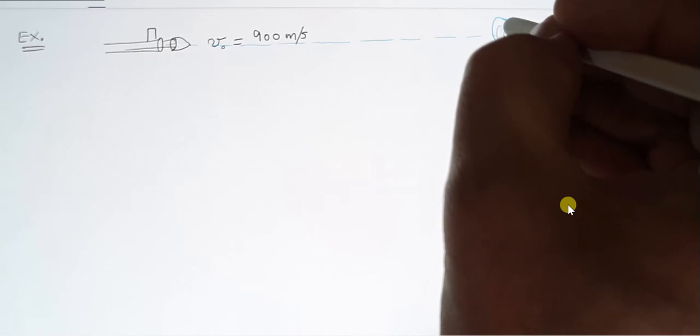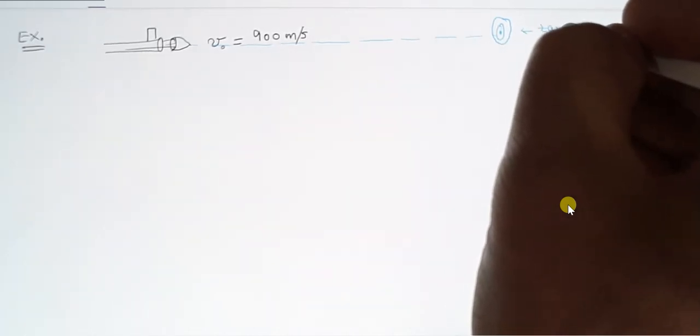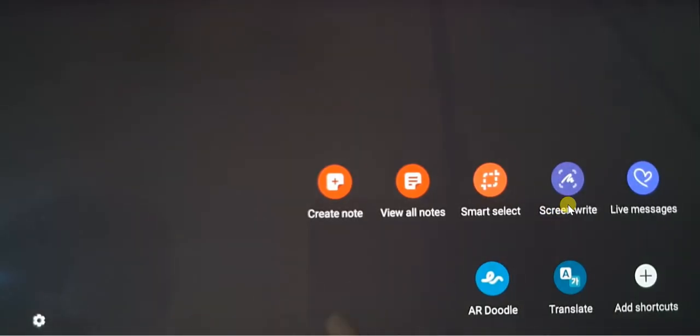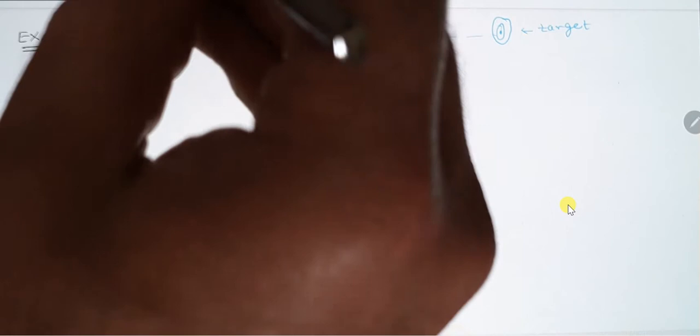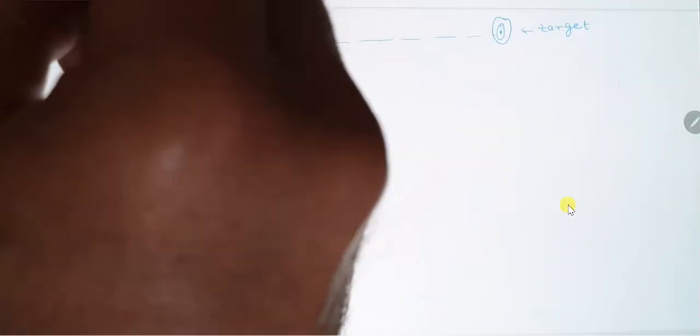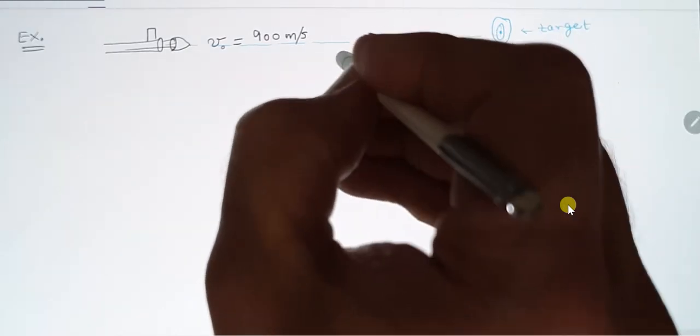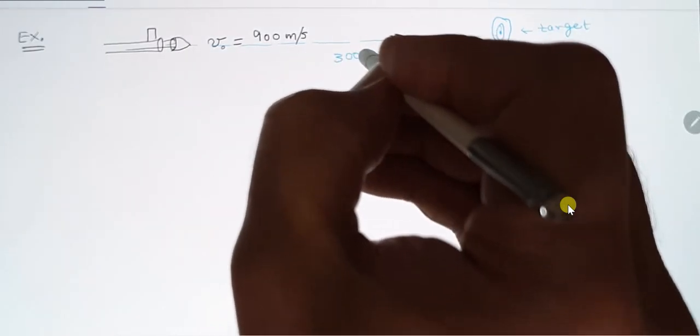Here is the target. And what's the distance between the gun and the target? 300 meters.